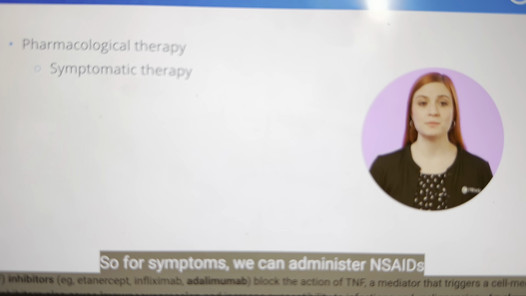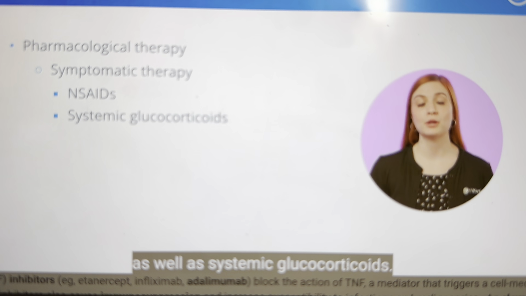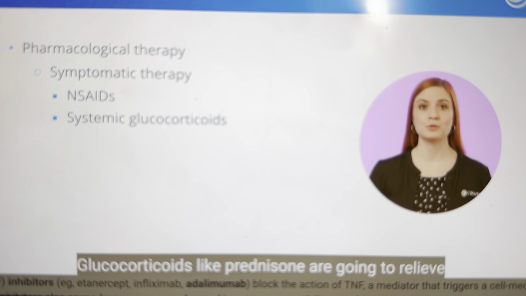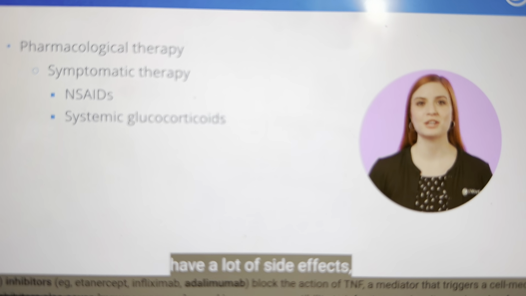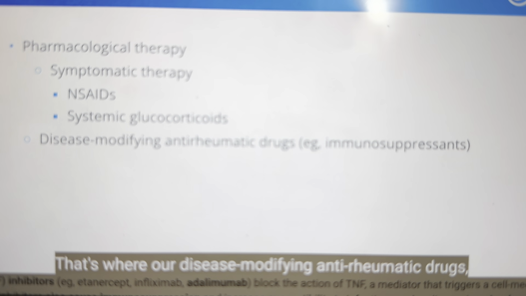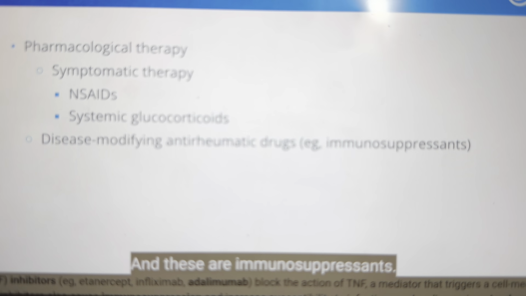So for symptoms, we can administer NSAIDs to decrease inflammation, as well as systemic glucocorticoids. Glucocorticoids like prednisone are going to relieve inflammation and symptoms, but because steroids have a lot of side effects, we don't want to use them long term. That's where our disease-modifying anti-rheumatic drugs, or DMARDs, come in, and these are immunosuppressants.